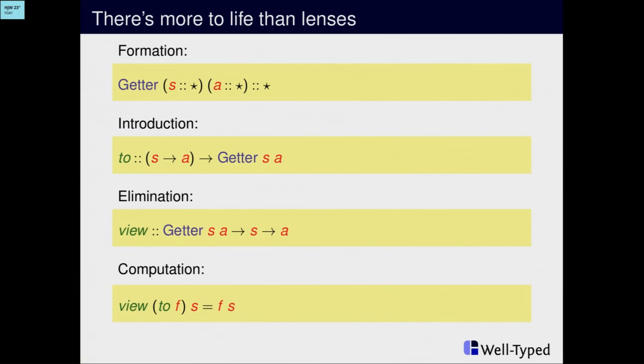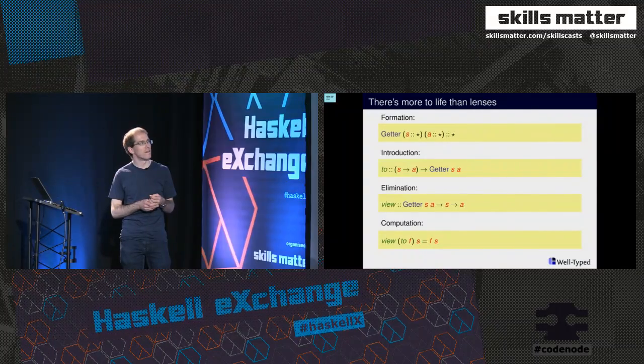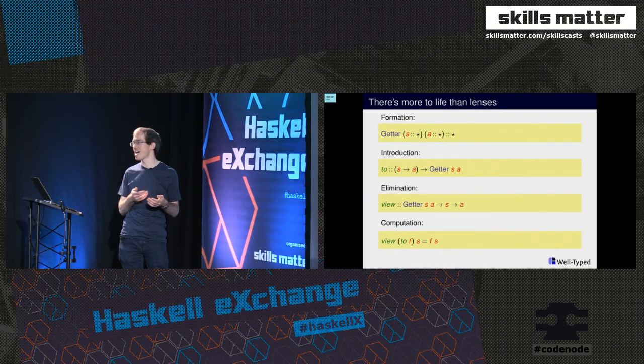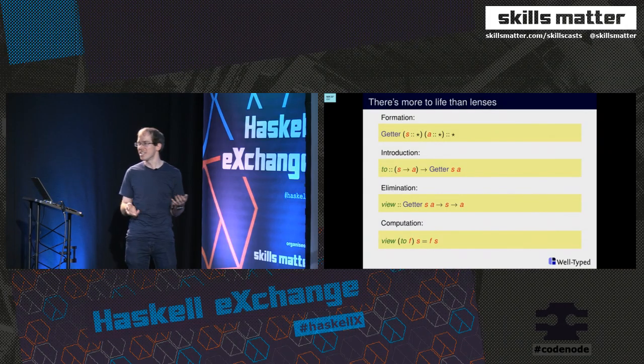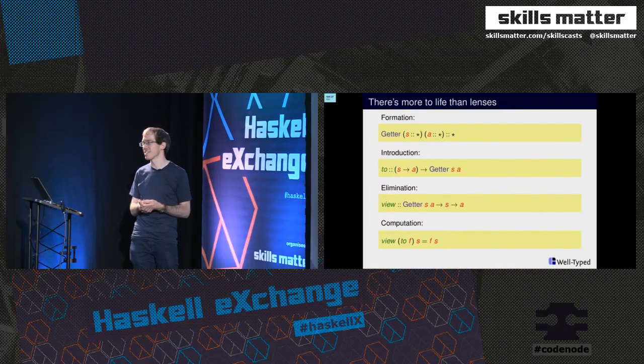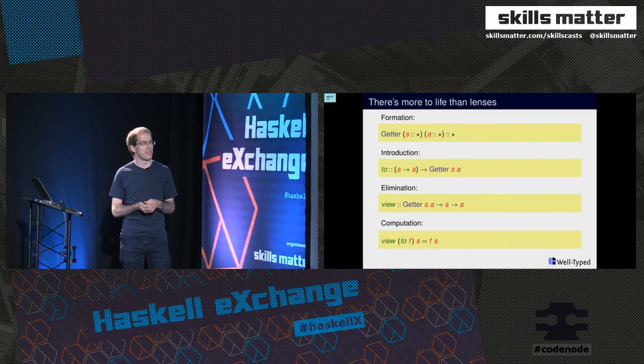Here's one of them, the getter, which again, given an outer type S and an inner type A, gives the type Getter S A. This time we've only got the ability to extract an A out of our S. So these getters are really just functions. There's an introduction rule, which, given a function from S to A, constructs a getter, and an elimination form, view, that gets the function back out again.